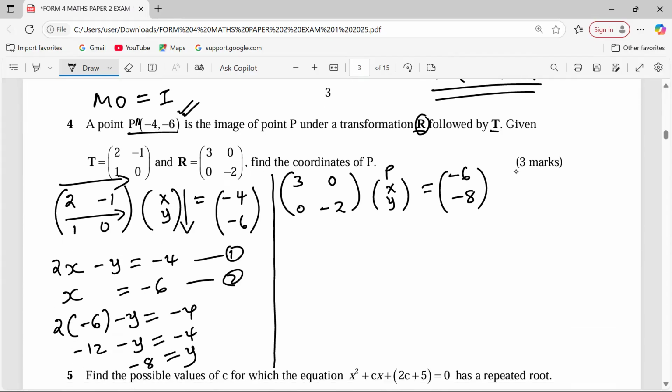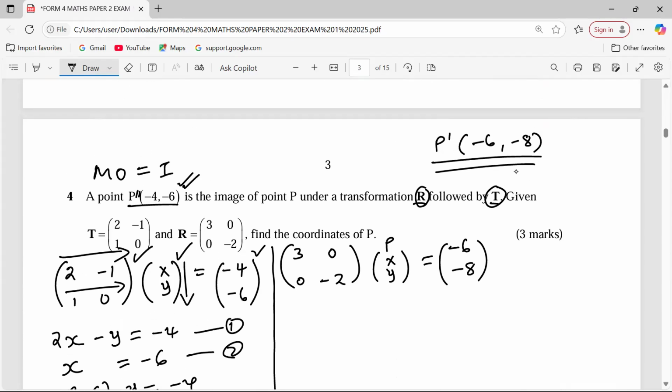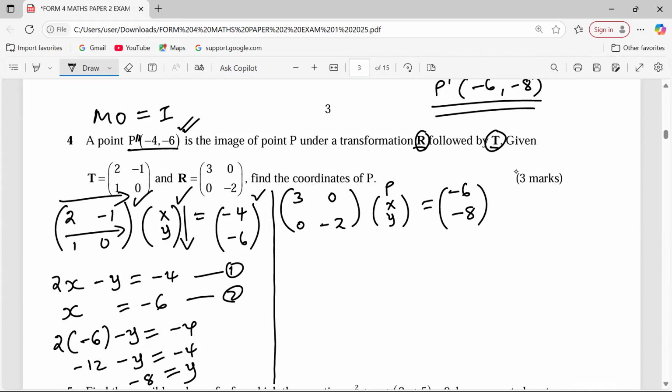So I'm coming from the final image to say that the transformation just before this final image was done by matrix T. So this matrix T multiplied a certain image to give us the final image. So this first image has been calculated as P prime. Now, what was the original P? We can get back to the first transformation that was performed, that is transformation R. This is going to be 3 by x and 0 times y to give us -6.